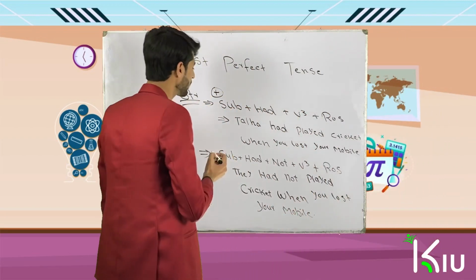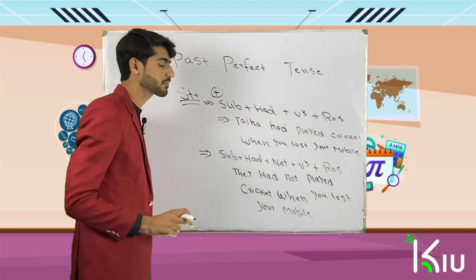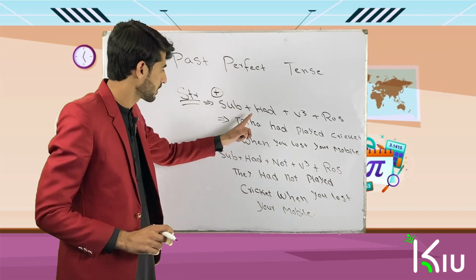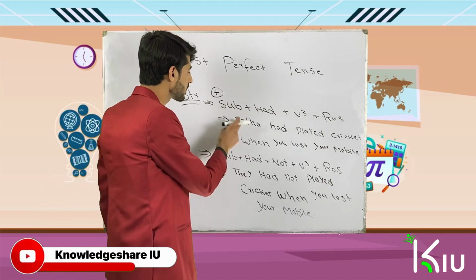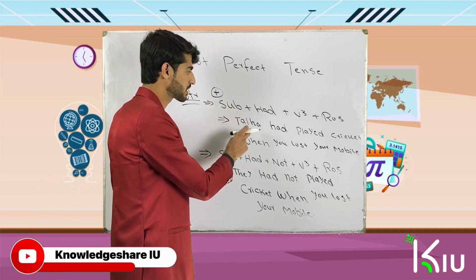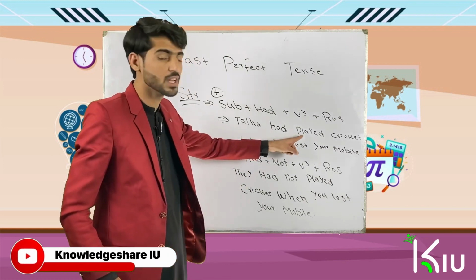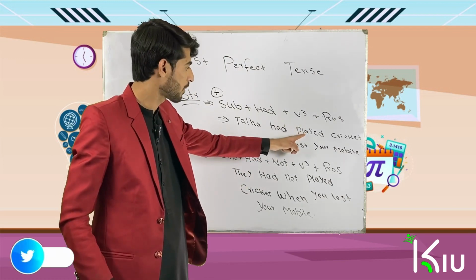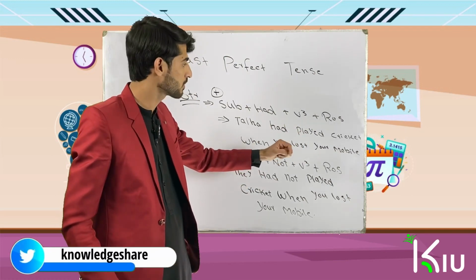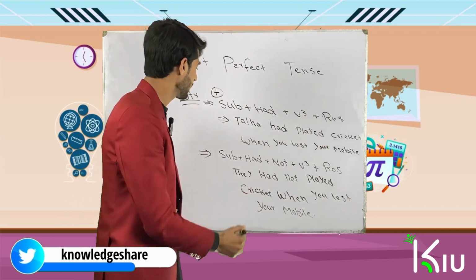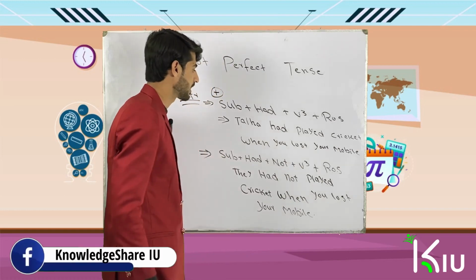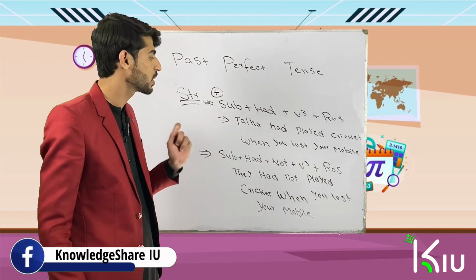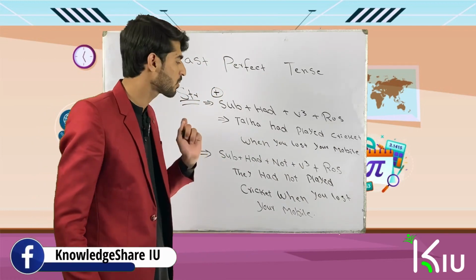Look at the example. Talha is a subject, and with that I put had. How will we make the sentence? First of all, the subject, Talha, then had. With that we will use the third form of the verb. Played is the third form of the verb, then cricket, and then when you lost your mobile. Talha had played cricket when you lost your mobile.